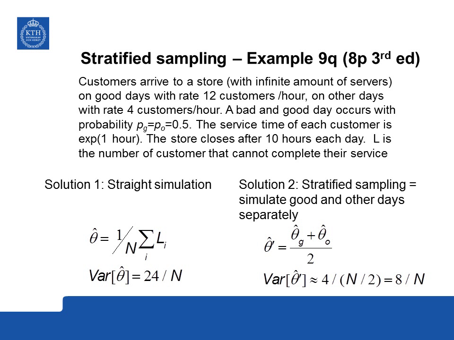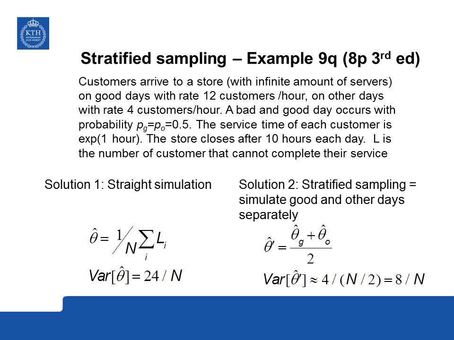Since we want to compare it with the previous case, we must remember that in order to have the same number of simulations, we can spend only n/2 simulations on the good day and n/2 simulations on the other days, to get the same number of simulations as solution 1 to the left.